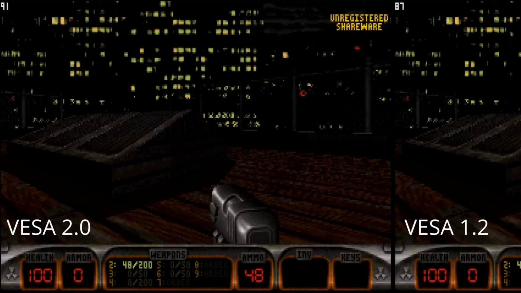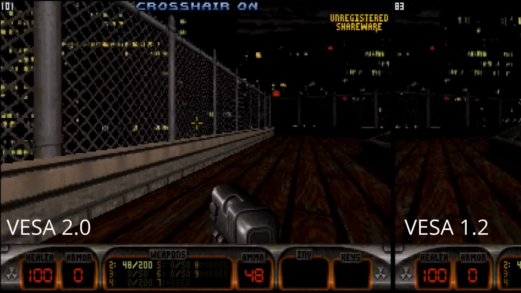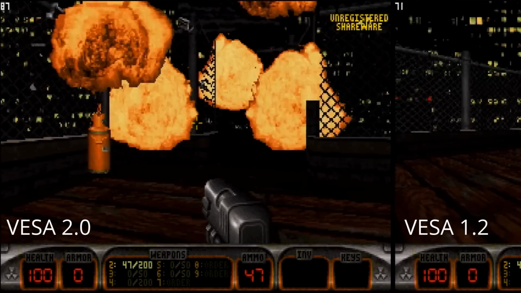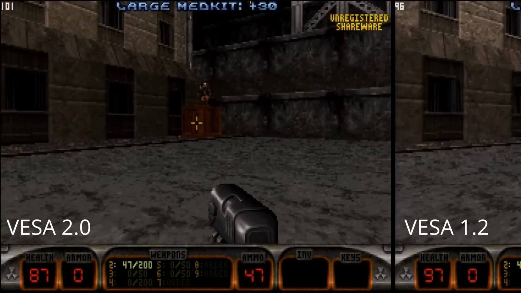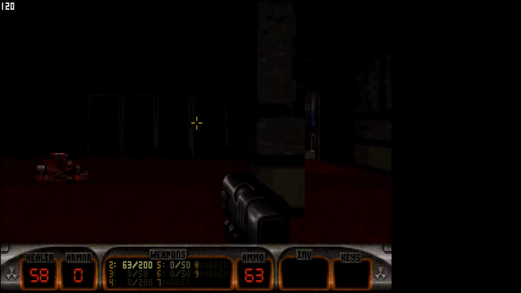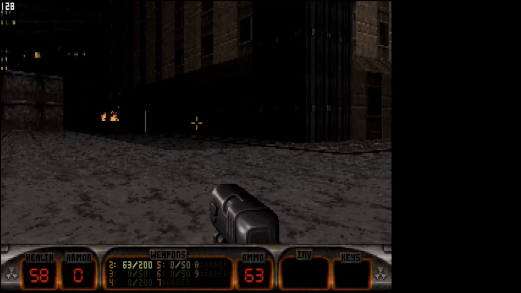I think we get a higher frame rate here than we had before. Let's see. So this is the 320 by 200 resolution. Okay, well, you can let me know if you think there was a difference or not.